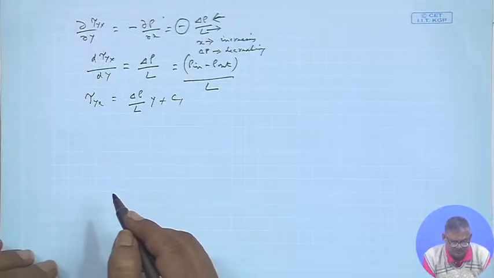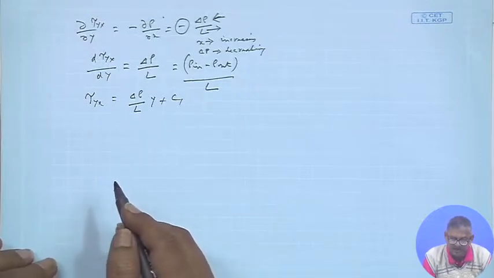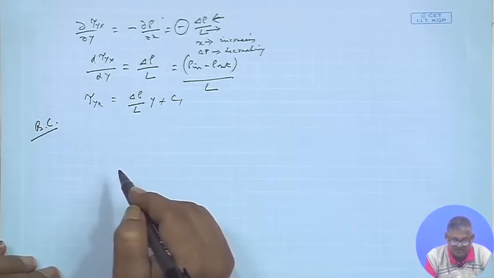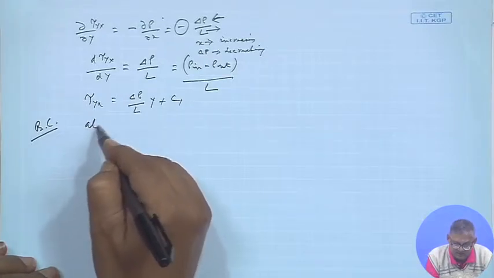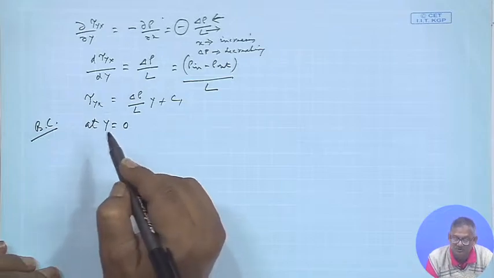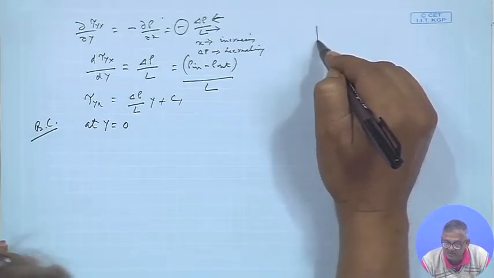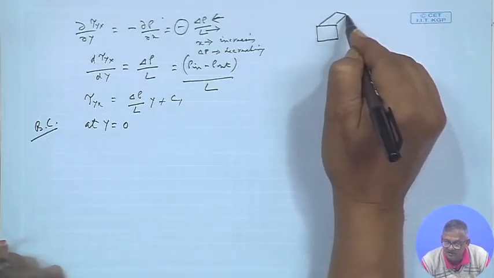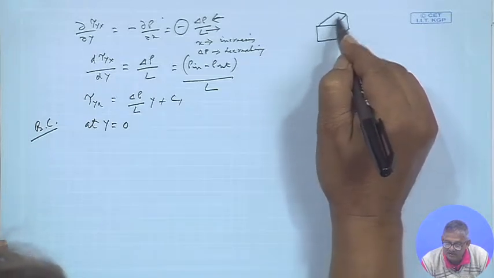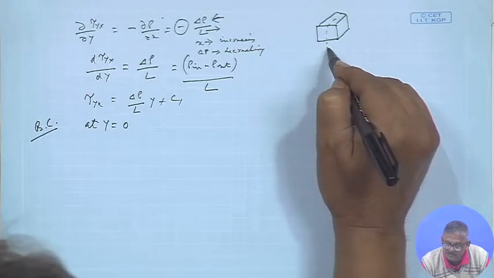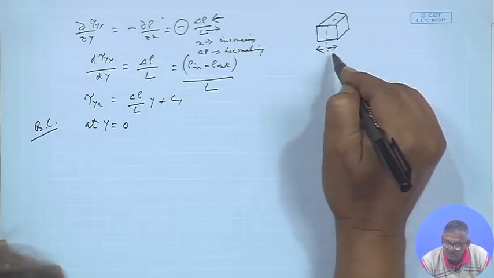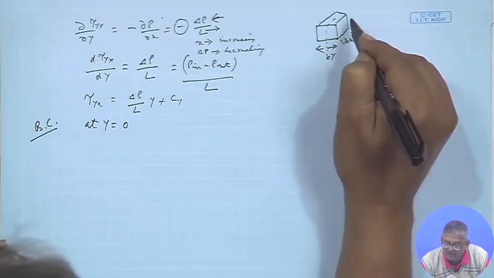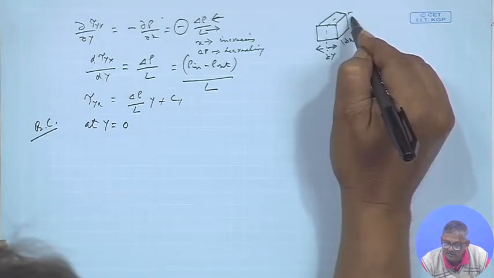At the boundary condition, y is equal to 0, this was 2 del, this was del x and this was h or del z, whatever we call.